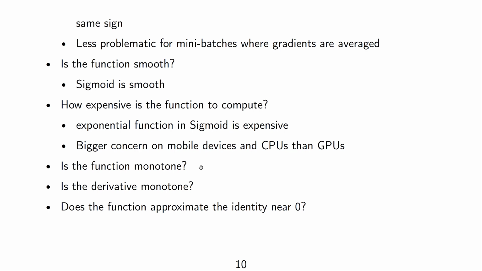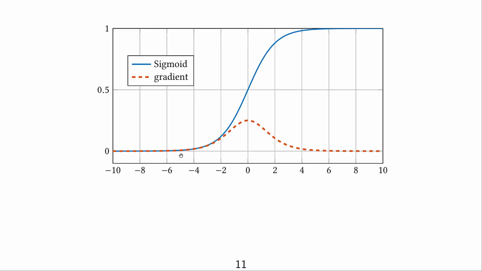Another thing that is related to more recent activation functions is: is the function monotone, and is the derivative monotone? Looking at this, the sigmoid is a monotone function. It has a derivative of constant sign.